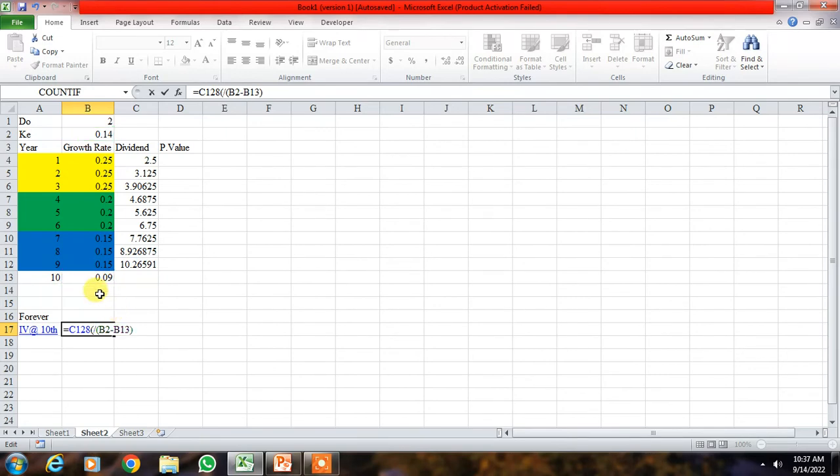The next expected dividend increases by 9%, so I multiply it. I find that this dividend will increase by 9% and then discount it using the formula by KE minus G.